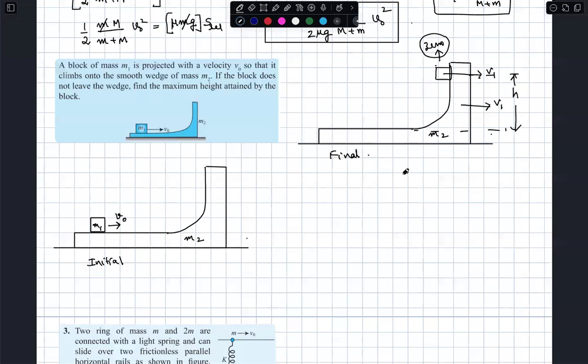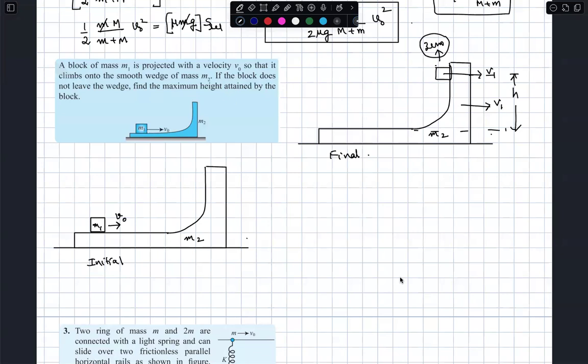Actually, even now, momentum is conserved along the x-axis only. Why? You cannot conserve momentum along the y-axis. Anyone in the class, can you please answer this? Tejaswini, why can't I conserve momentum along the y direction?